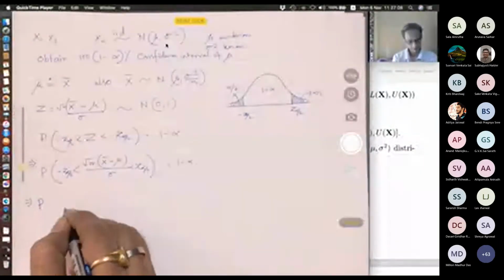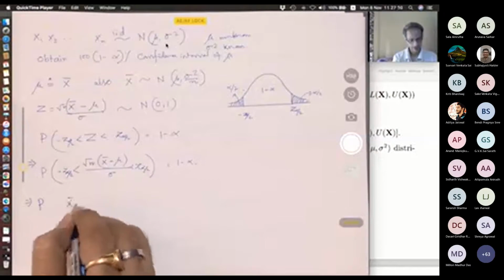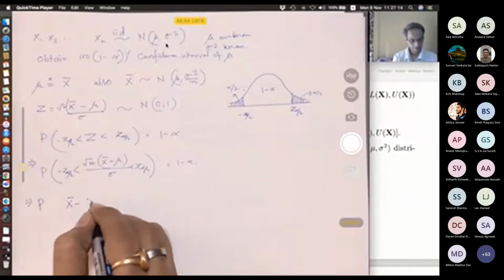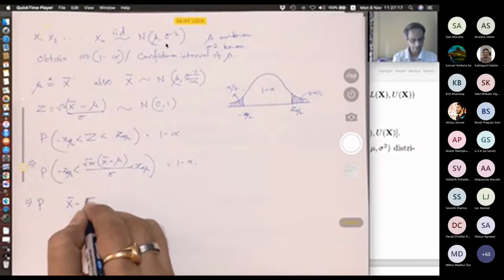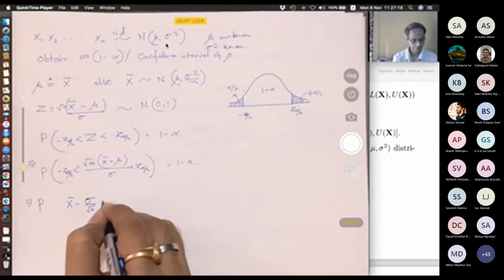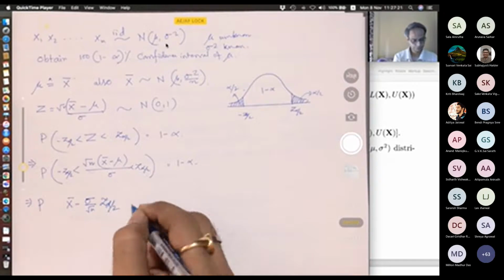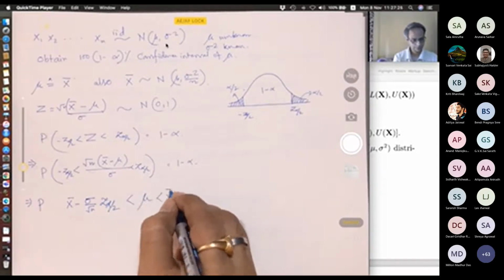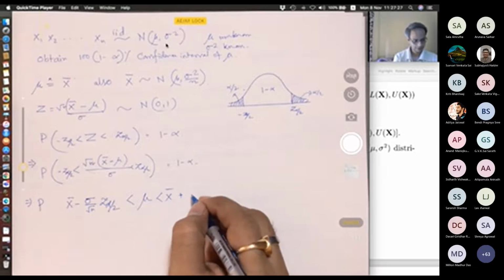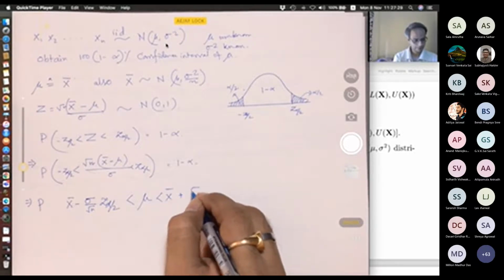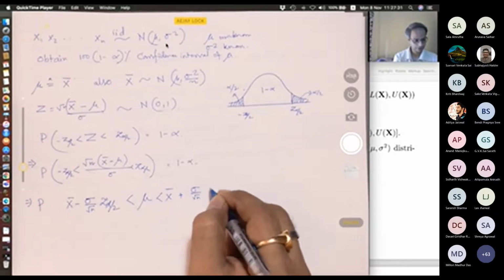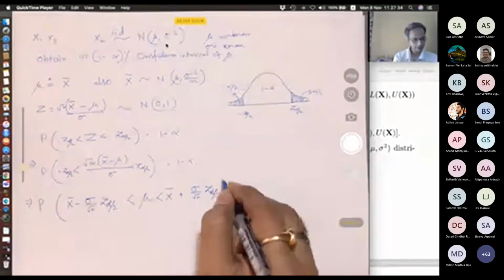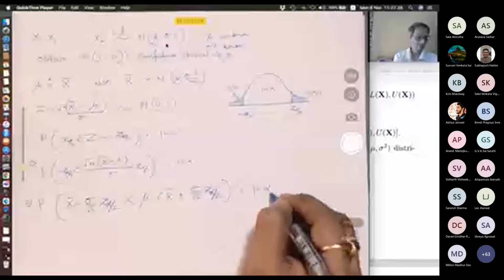After that, you will come up with the probability that x bar minus sigma by root n, Z alpha by 2, is less than mu, which is less than x bar plus sigma by root n, Z alpha by 2. This quantity is 1 minus alpha.